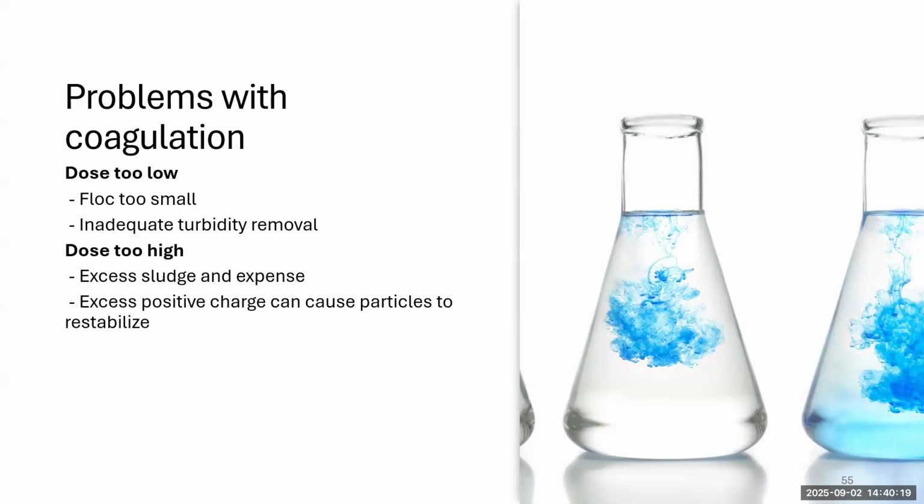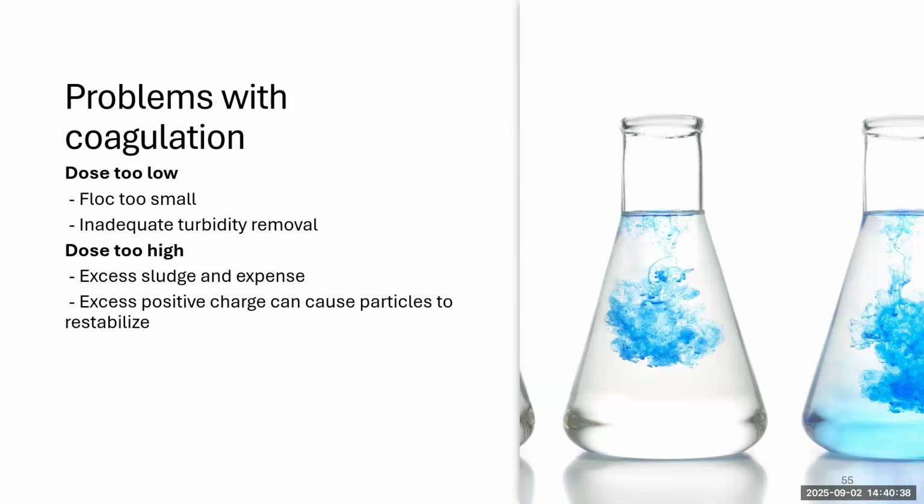If the dose is too high, well, you're spending a lot of extra expense adding chemicals that you didn't need to add, but also you can get an excess positive charge that can actually cause some of these colloidal particles to restabilize.